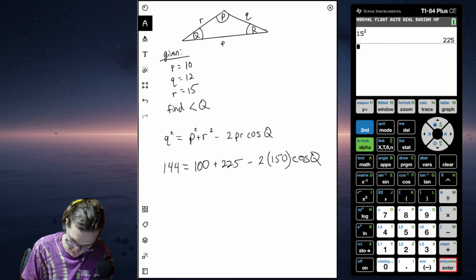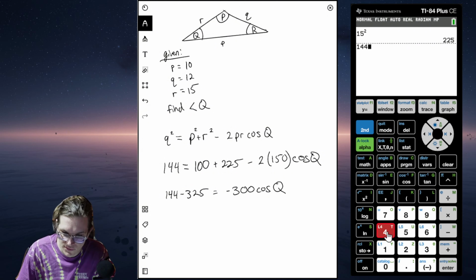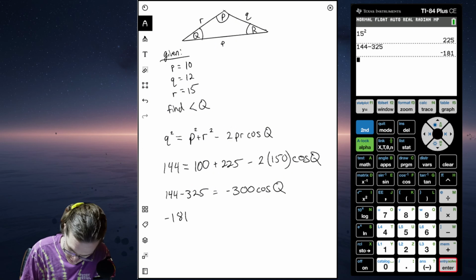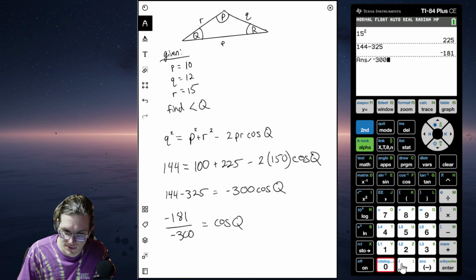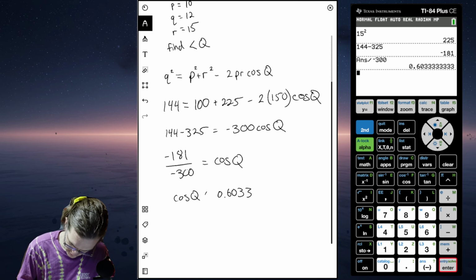This is 325. 144 minus 325 equals negative 300 cosine of Q. And if I do 144 minus 325, we get negative 181 there. And so I'm going to divide both sides by negative 300. That gives us cosine of Q equals 0.603 repeating. I always like to be accurate.